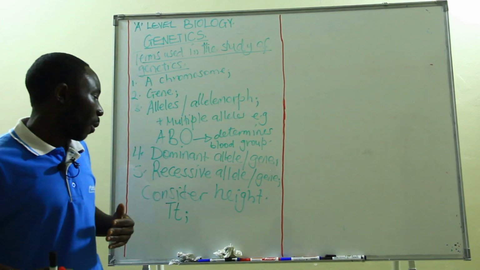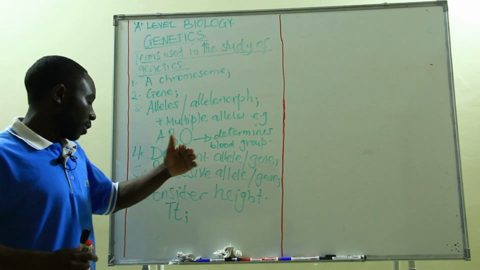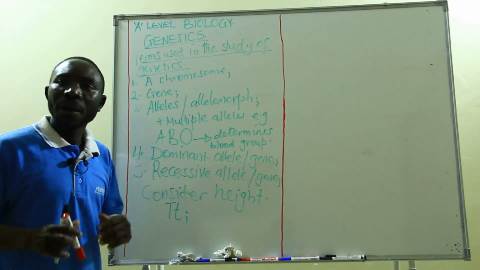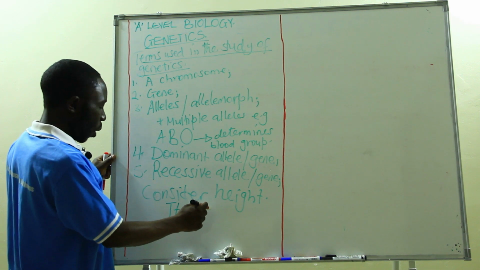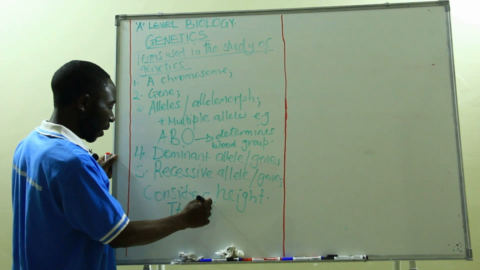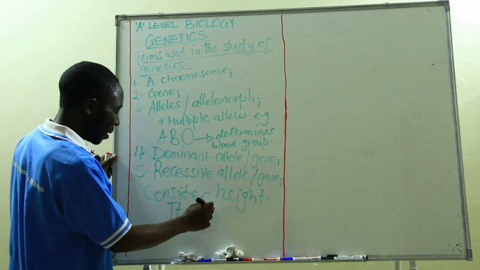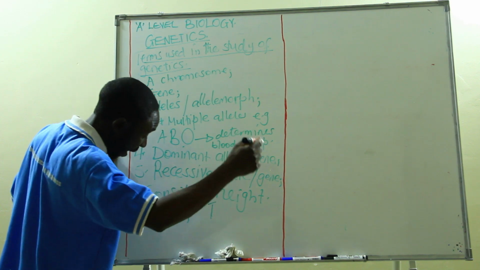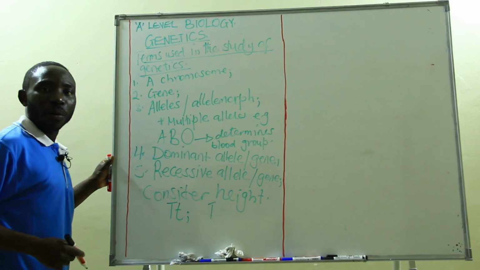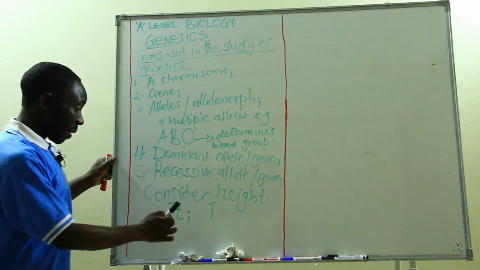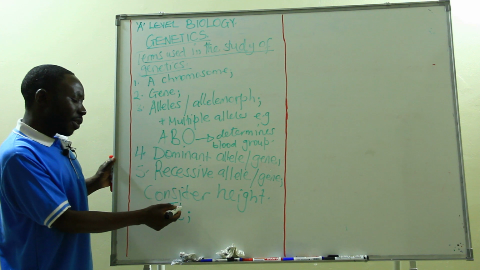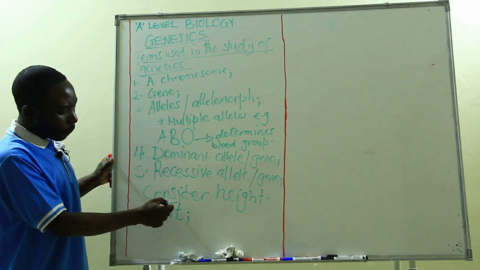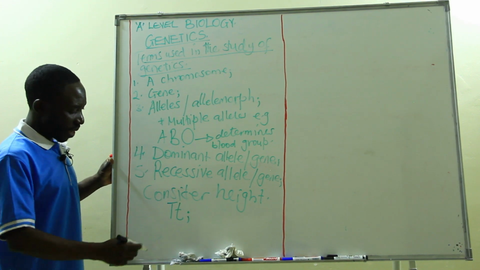That is very important because learners normally write genes wrongly. For example, for the dominant allele, somebody writes T, and for the recessive allele, somebody writes a letter of a different alphabet. That is not acceptable. So look at this gene here, capital T and small t.